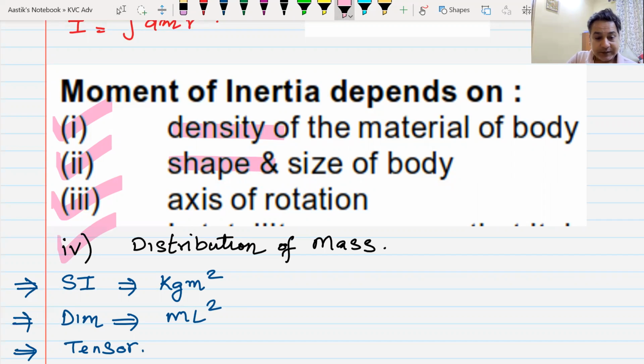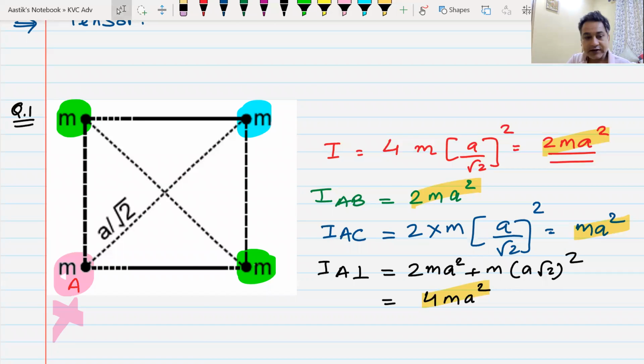We had seen how we can find out the moment of inertia of a system of point masses in the last class. I'll give you one more question based on this so that once we understand it, we can move ahead and solve other questions as well.